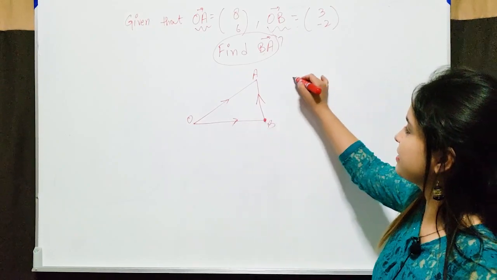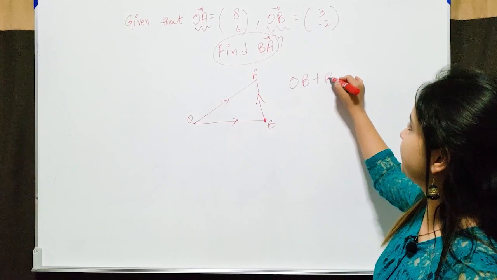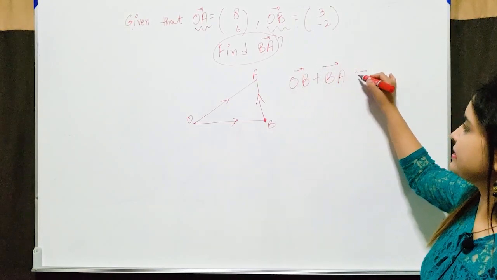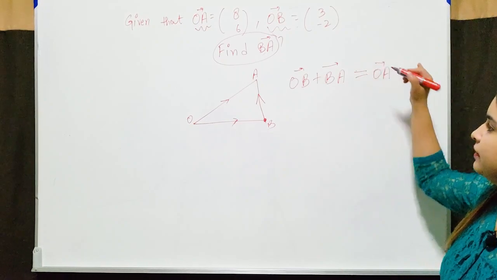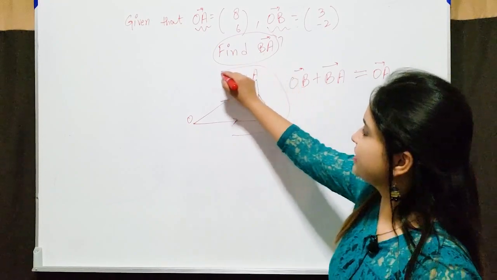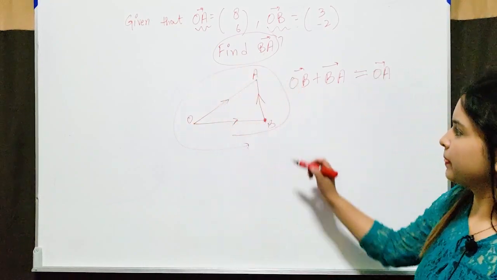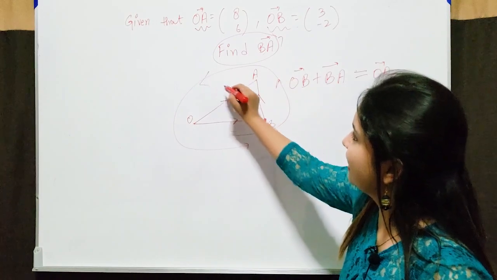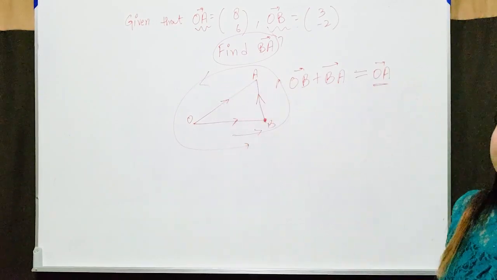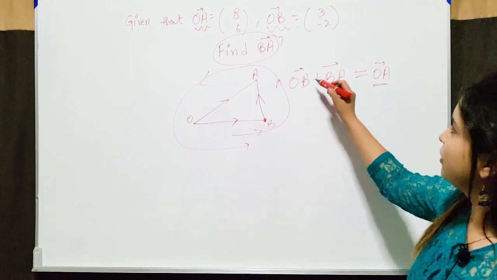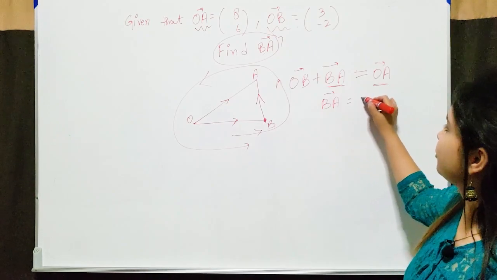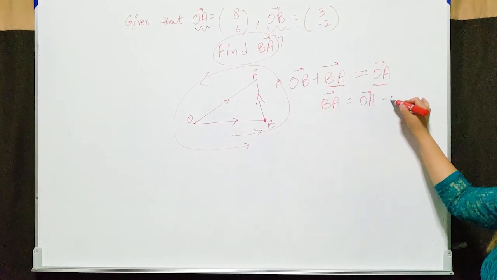Triangle law says vector OB plus vector BA is equal to OA, right? Because vector OB and BA, they are going in the same direction. And OA is going in the opposite direction. That means OA is the resultant. Now, I have to find BA. So, BA is equal to OA minus OB.